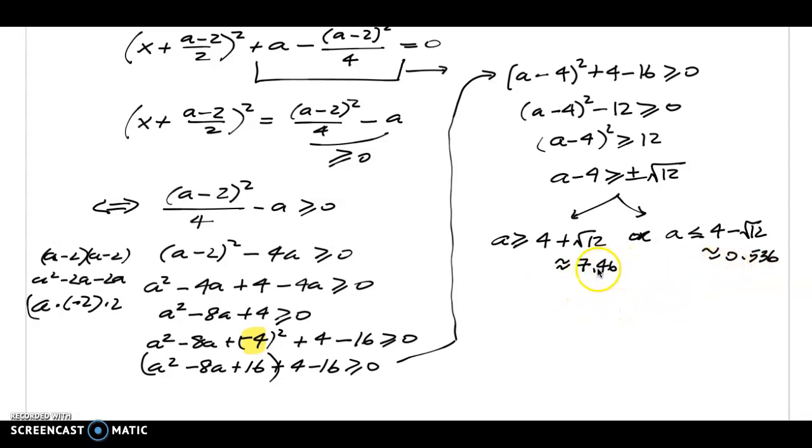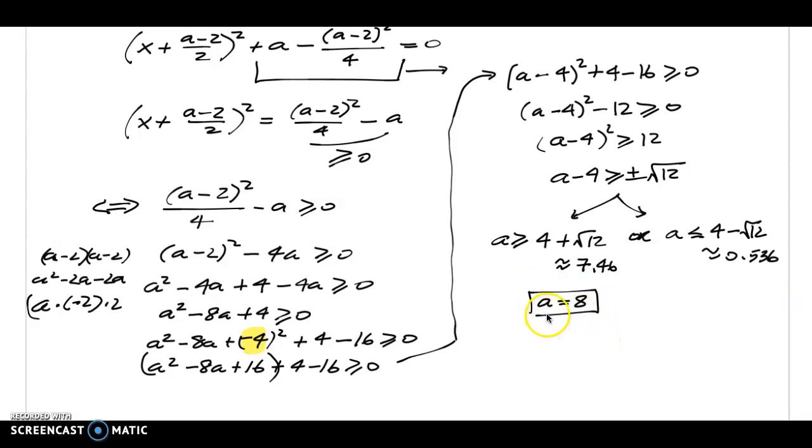So a, the closest integer that we would have is 8. Because if I actually put 7, it would give me something below, so it would not give me an a that's positive. So we want the least possible, then a would need to be equal to 8, right?